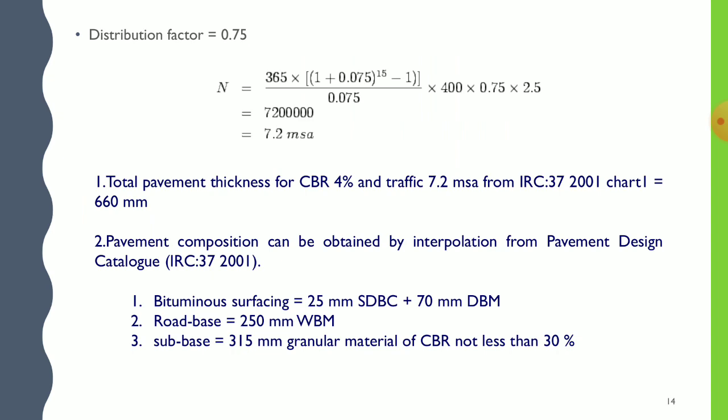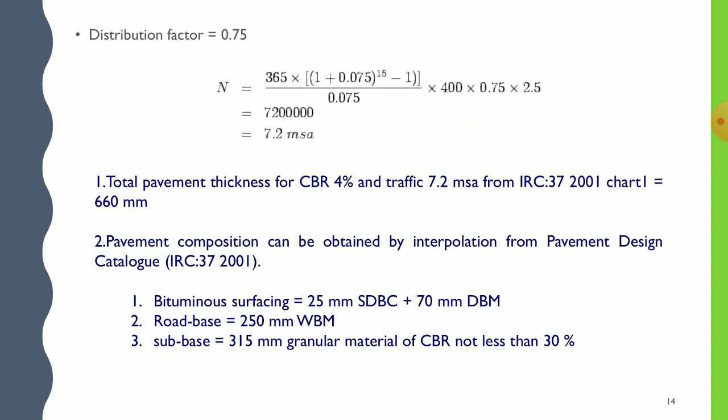The pavement composition can be obtained by interpolation from the pavement design catalog IRC 37 2001. Bituminous surfacing 25 mm SDBC plus 70 mm DBM. Road base equal to 250 mm WBM, waterbound macadam. Subbase equal to 315 mm granular material of CBR not less than 30%.